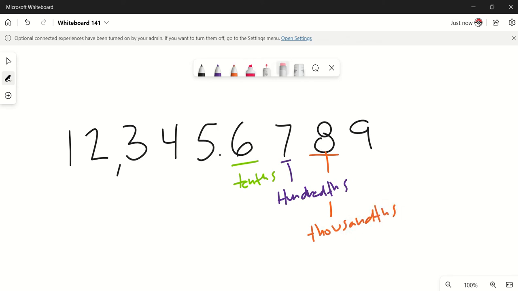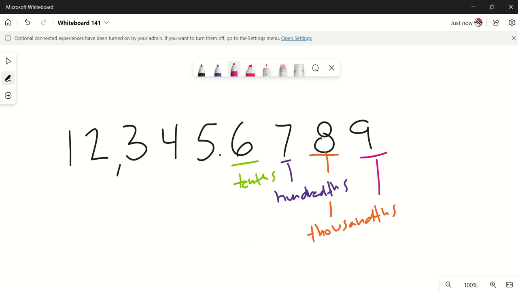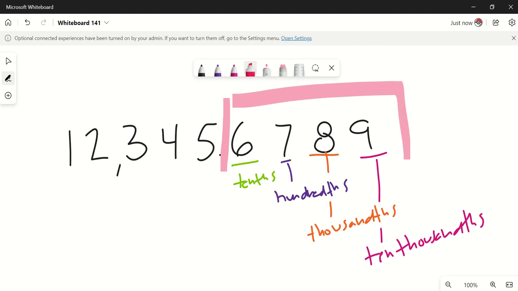I probably should not have capitalized hundredths. And then the last one would be 10,000ths. Remember, on the right side of the decimal, so after the decimal, everything is going to end in "ths."